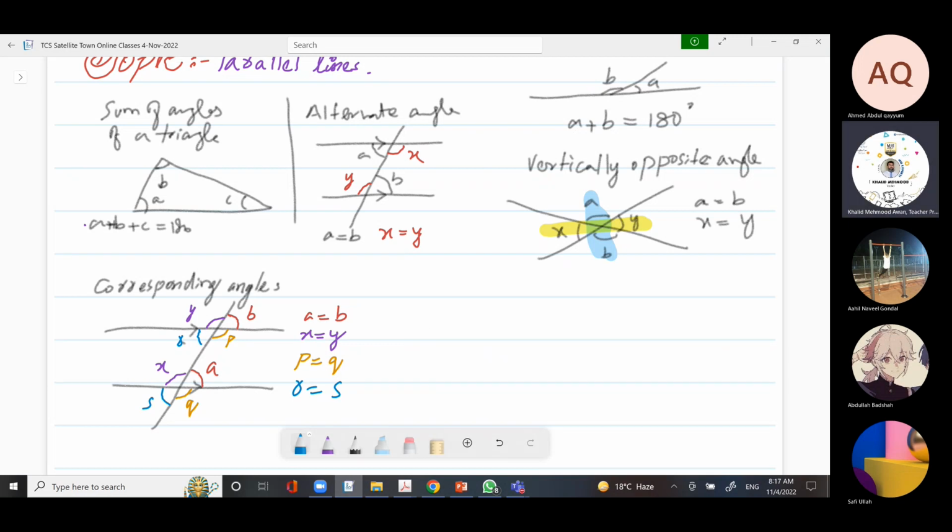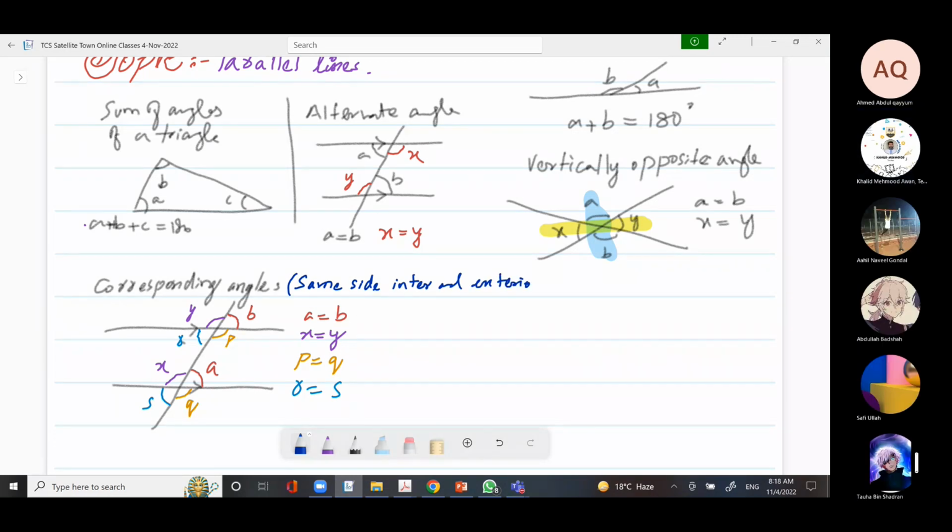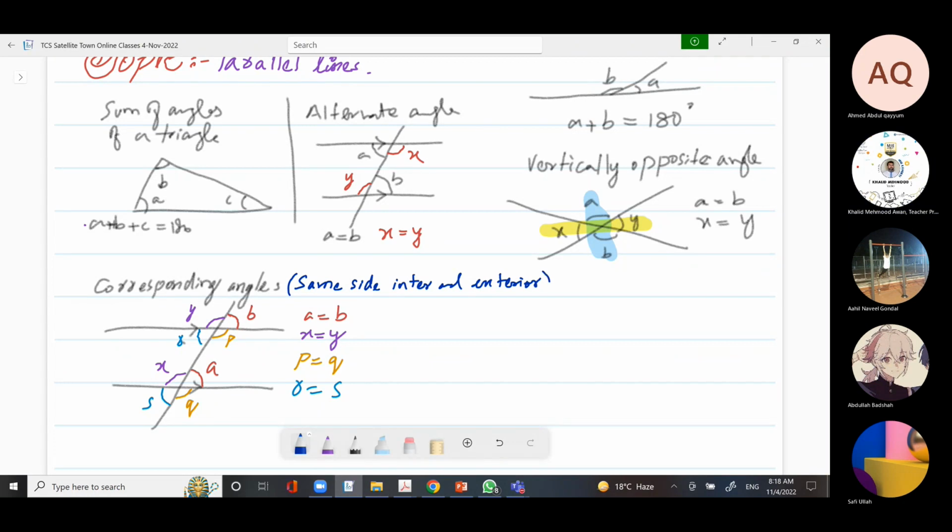So I have to mention what the corresponding angles are. Corresponding angles are the same side interior and exterior angles, but interior with one parallel line and exterior with the other parallel line.